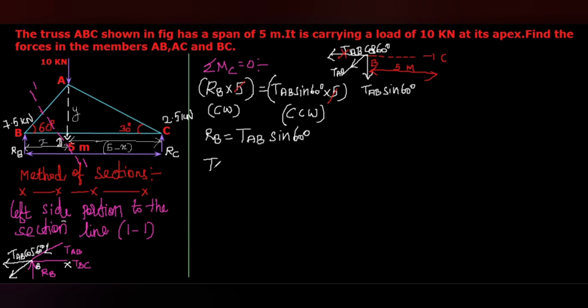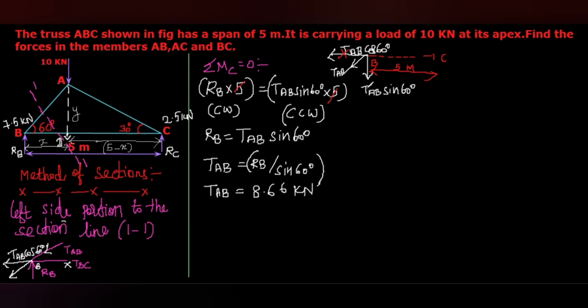From this we can write TAB equal to RB divided by sine 60 degree. We have the value of RB and sine 60 degree. If you substitute, the tension in the member AB or BA will be 8.66 kilonewton.